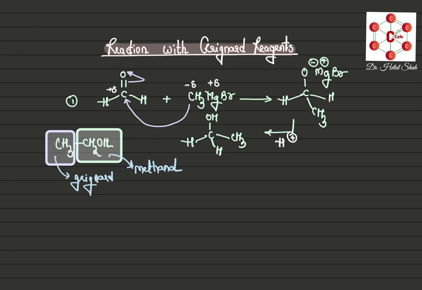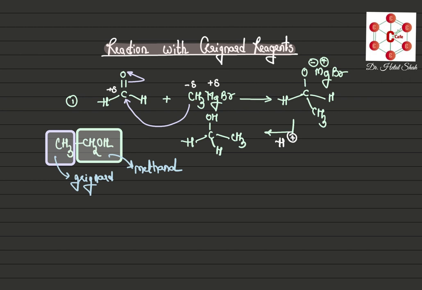So ideally, what I want to make you all understand is, if you want to add CH2OH to any alkyl group, just take methanol and a corresponding Grignard and do the reaction.